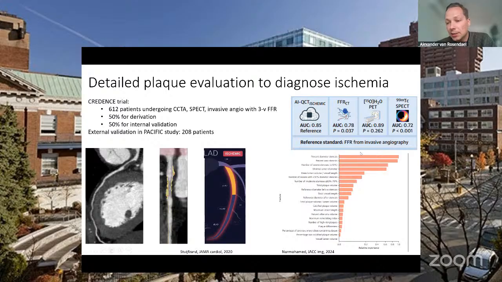And here you see the machine learning feature ranking. And as you can see, of course, the strongest predictor was diameter stenosis, but also the lumen volume is an important predictor. The total plaque volume is an important predictor. The remodeling index, it all adds a little bit in your prediction of whether that vessel is going to be ischemic or not.